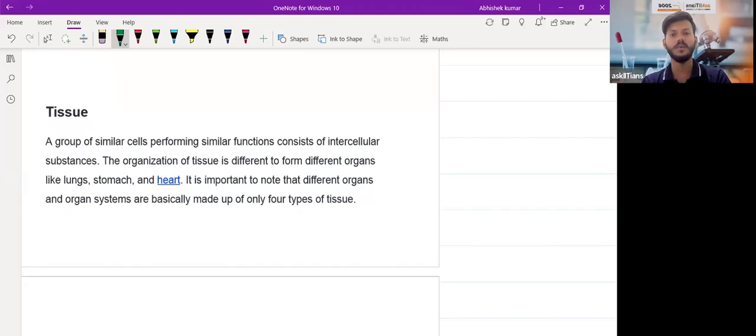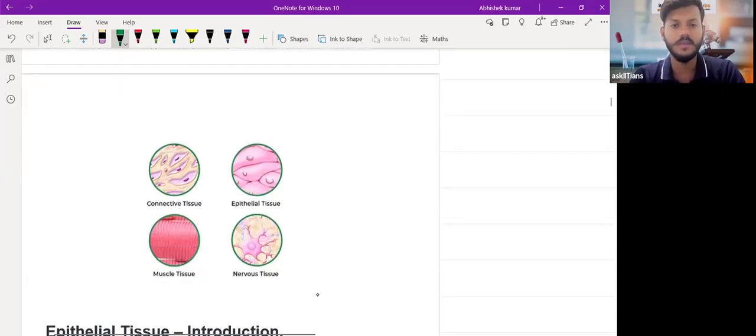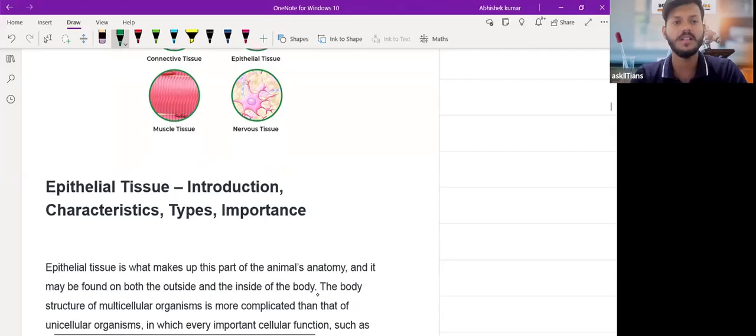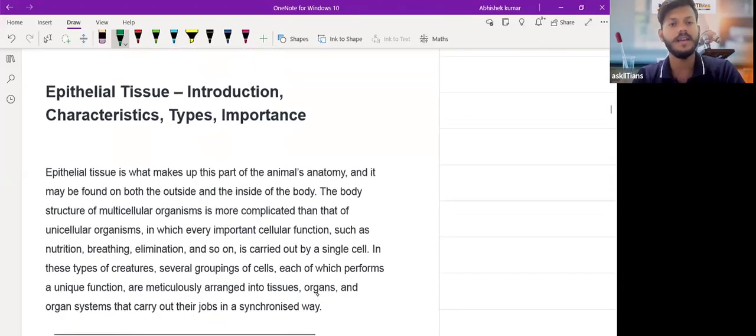It is important to note that the different organs and organ systems are basically made up of only four types of tissues: connective tissue, epithelial tissue, muscular tissue, and neural tissue. In this overall chapter, we are going to study these four types of tissue. Very first, we are going to discuss epithelial tissue. Let's see the introduction, characteristics, types, and the importance of these tissues.